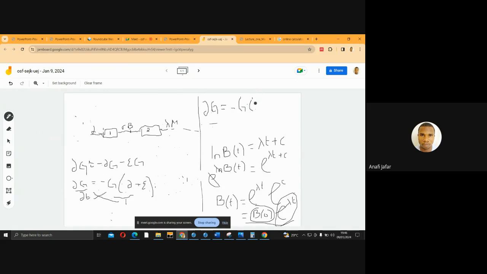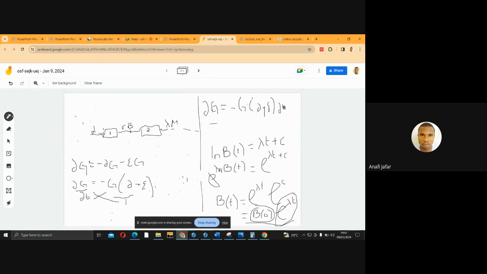I have delta plus epsilon. So the change in t, the change in t.